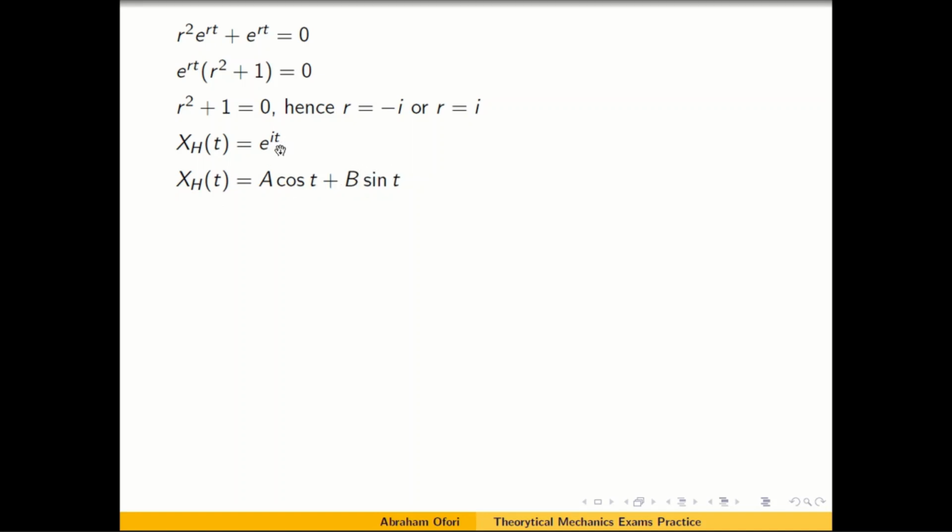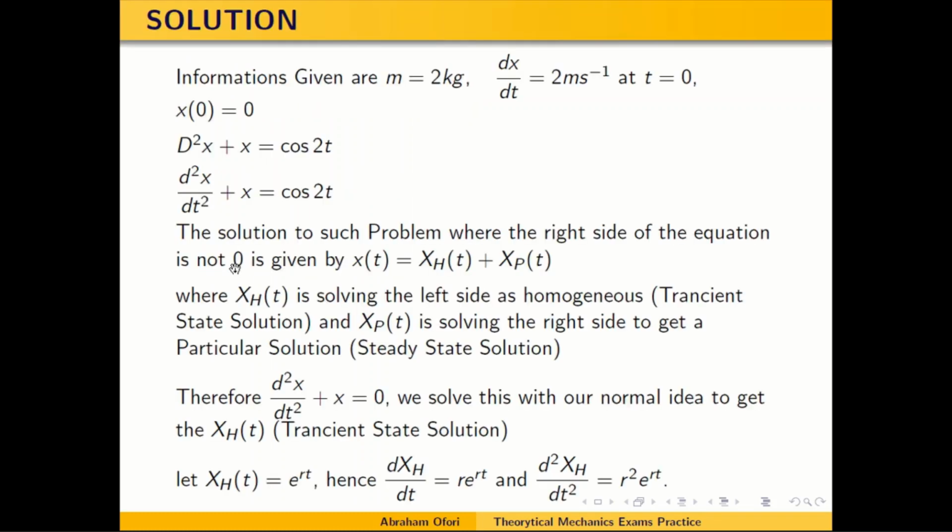But in our solution, we said you just change them to cos and sine, and you attach some coefficients, a and b. So it becomes a cos t plus b sine t. Now this is the solution for the transient state, or the homogeneous part. So we are going to the particular part. The reason why we are writing this here is that, look at this.